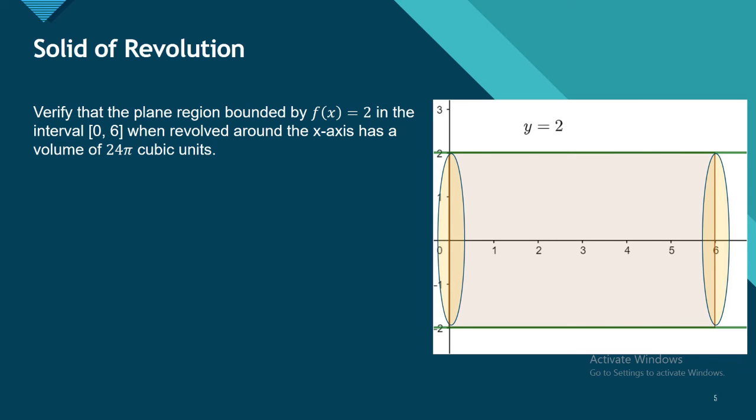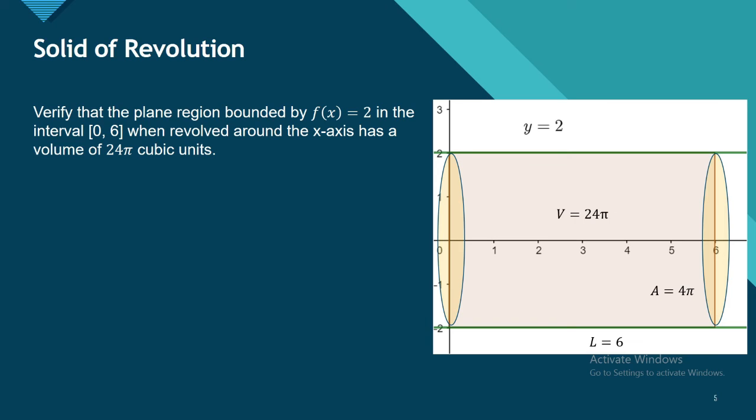And using what we know about cylinders, the volume of a cylinder is equal to the area of the base times the height of the cylinder. And the volume of that solid is going to be 24 times pi cubic units.